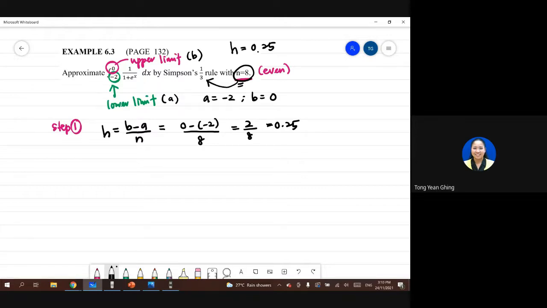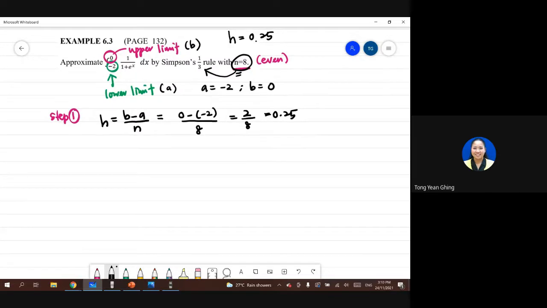Okay, so now after we already know the step size, so that's mean like this, okay? So start from here, the graph, we start from a negative 2. So the step size will be 0.25, okay? So the next value will be negative 1.75.